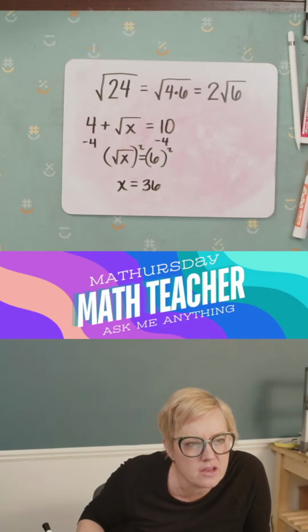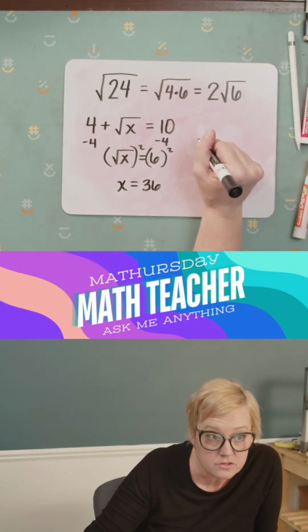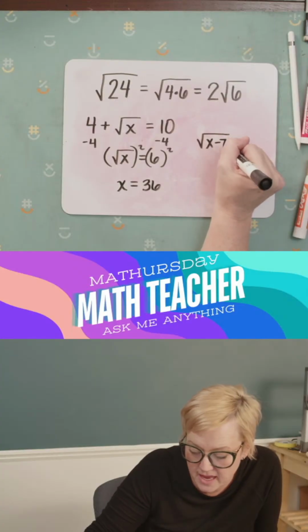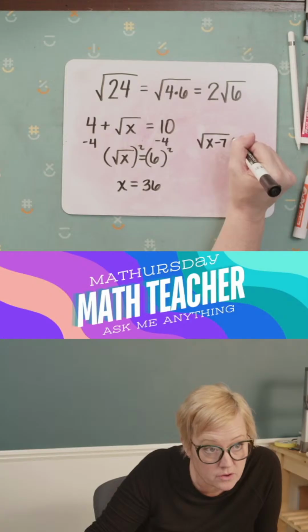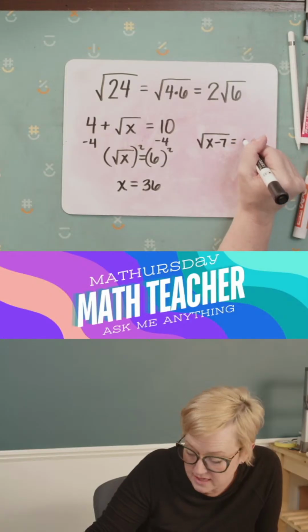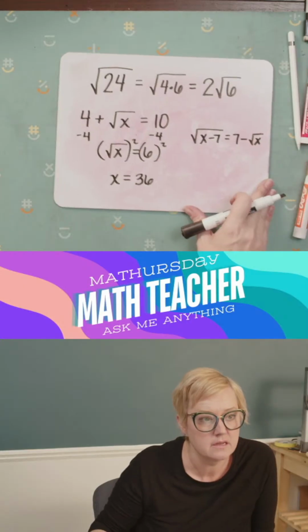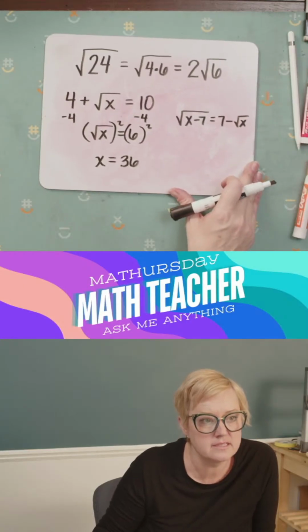Okay, so Maddie, you've got the square root of x minus 7 equals 7 minus the square root of x. Is that right, Maddie? Did I write that correctly?